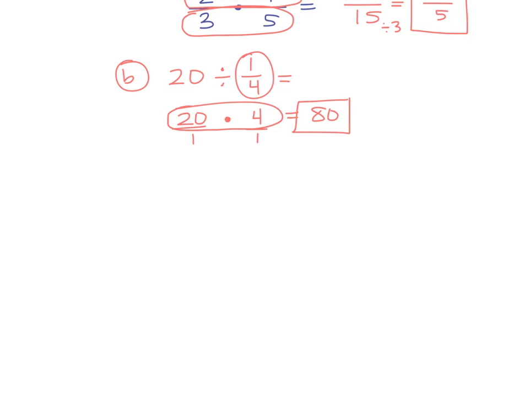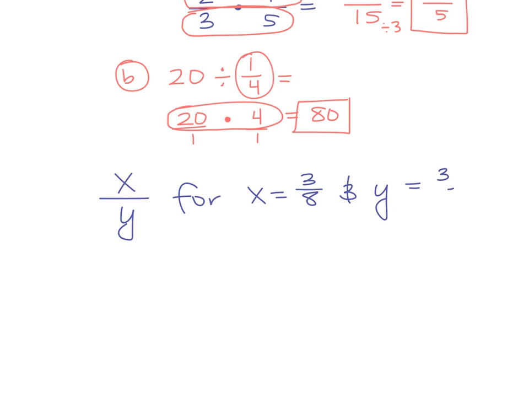Okay, last big concept here is when dividing fractions, sometimes they're going to give it to you like this. They're going to say do x divided by y for x equals 3/8 and y equals 3/4. Technically, if we were going to set it up like this, for x we're going to plug in 3/8, and then we do our division bar, and then our y is 3/4.